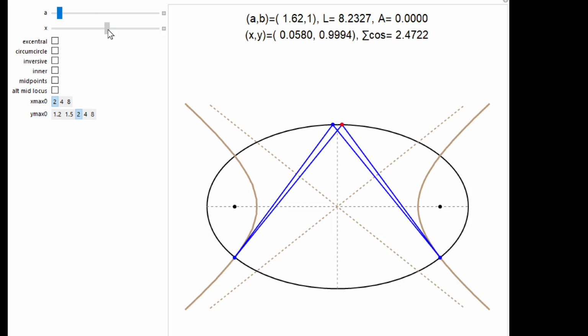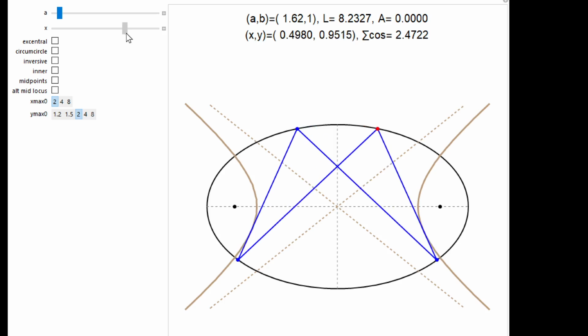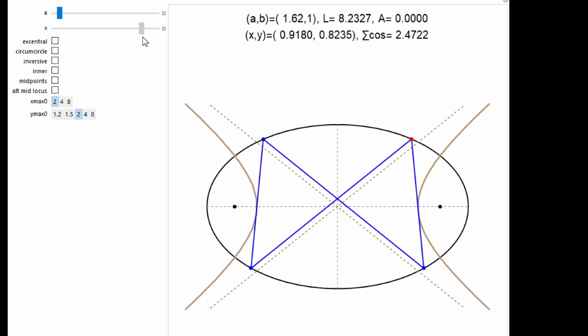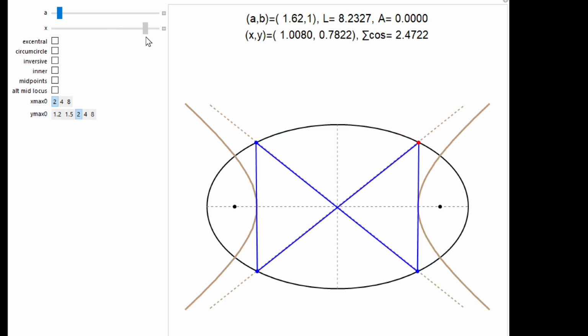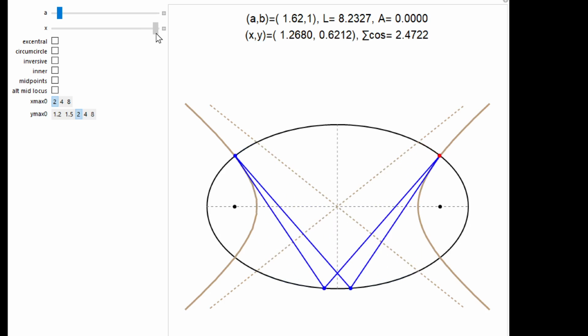So if I leave this position here, and now I'm going to place my red at this other position here, where that red dot now is over the asymptotes to the hyperbola, I get a symmetric configuration where the diagonals pass through the center of the ellipse. And I have a third position, which is similar to the one we just saw.